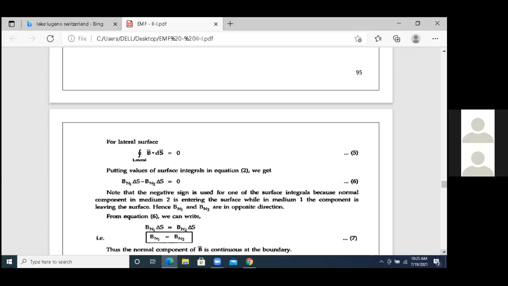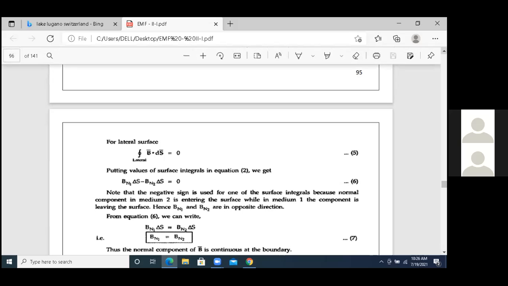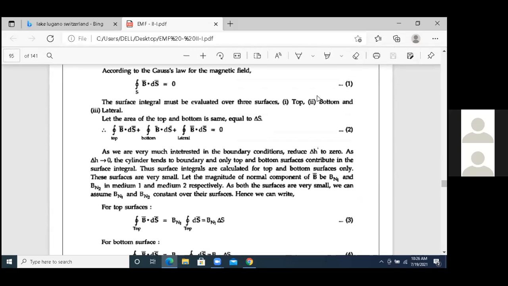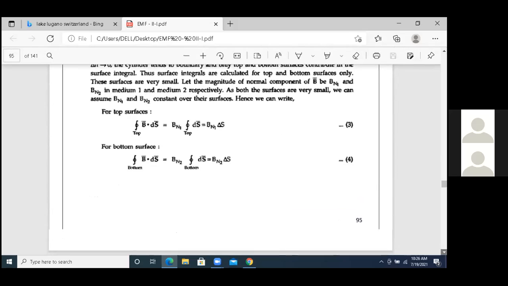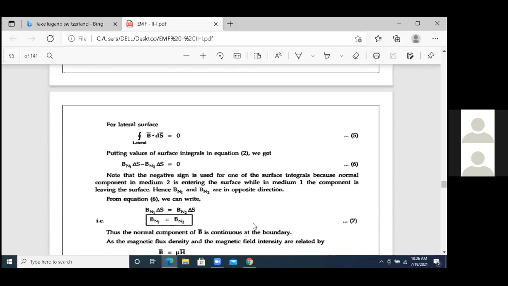Of course, we already agreed that for the side it's equal to 0. So from this equation up here, this goes to 0. We are left with this.